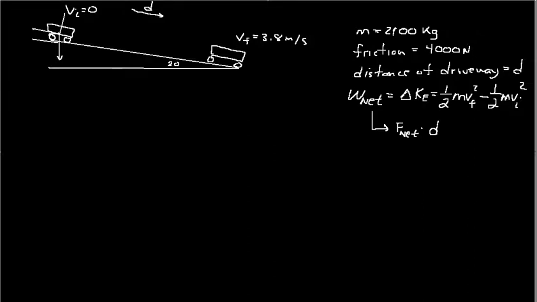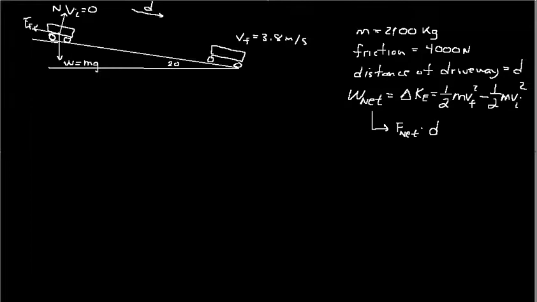Here's weight, friction, and our normal force. Now weight, again, is mass times g, mg. Weight is always mg.